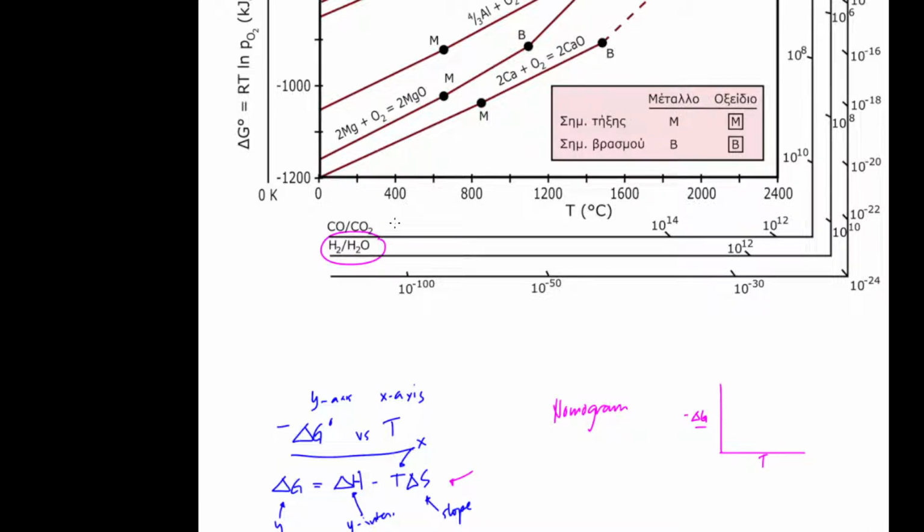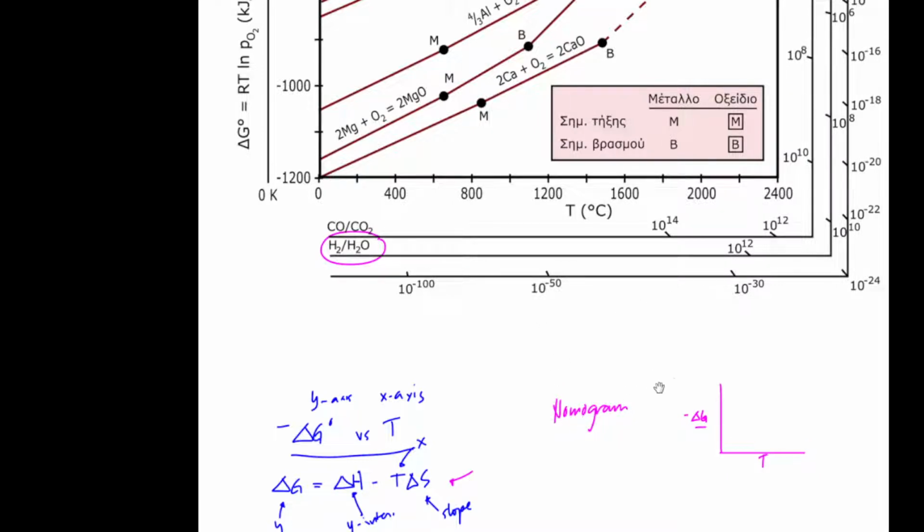Alright? So we've already discussed that Ellingham diagrams are more than just delta G versus T graphs. They can also find PO2 and the PCO over PCO2, or CO-CO2 ratio, and H2-H2O ratio as well because of their nomographic features.